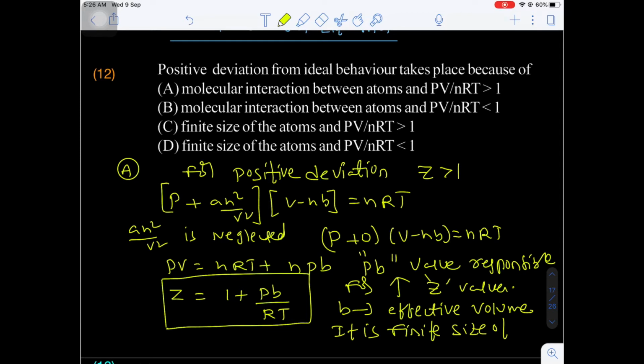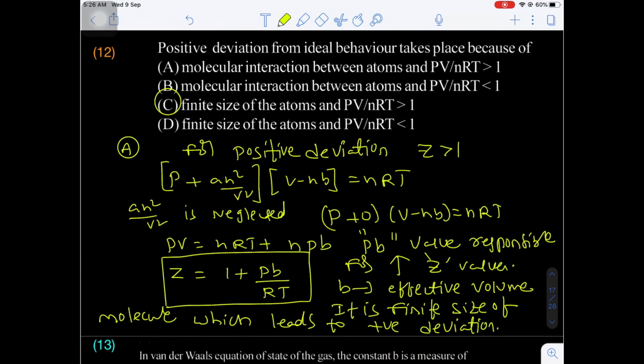So that leads to positive deviation. That means finite size. That will be option number C. Option number C. Are you getting my point?